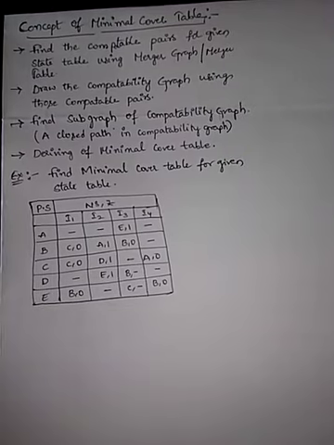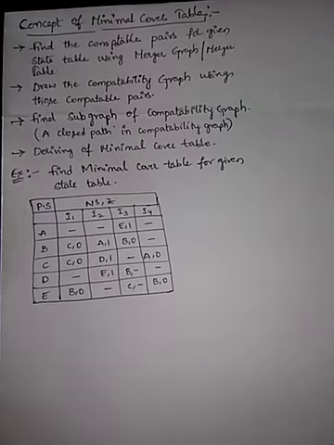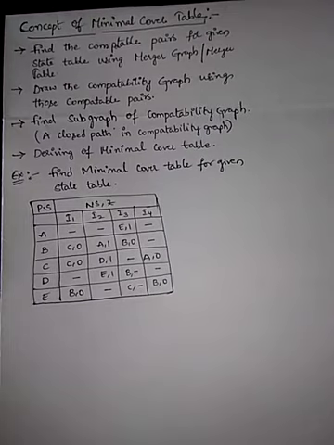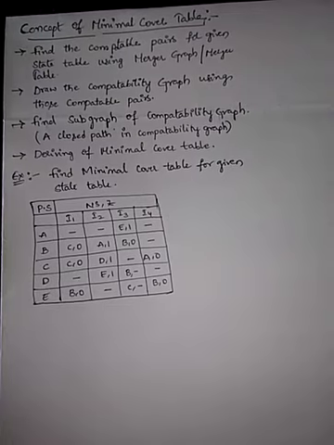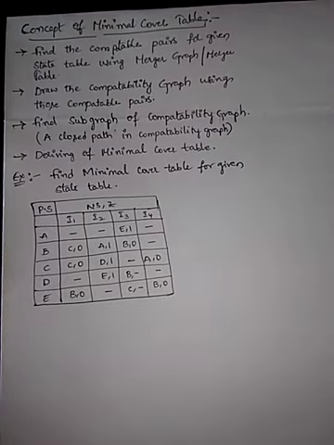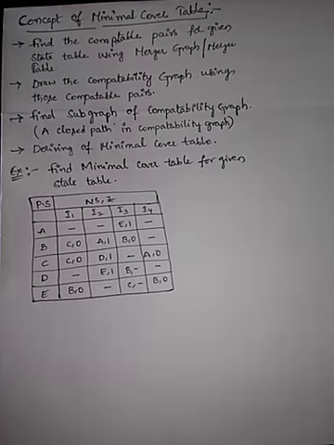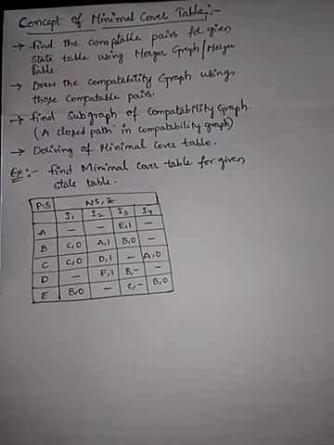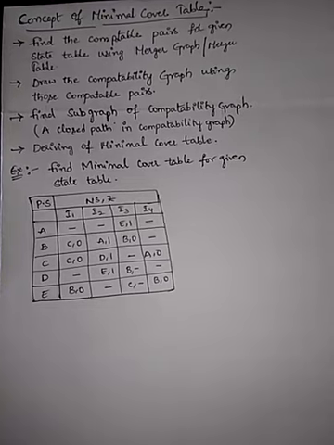That means it should be a closed path. If it is a closed path, then it will cover more than 2 endpoints. So you need to note down that closed path and the states it covers. And last, with the help of that closed path, you need to derive your minimal cover table. So in total you have 4 steps.